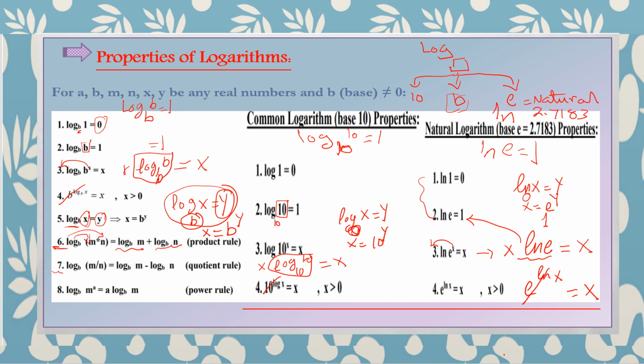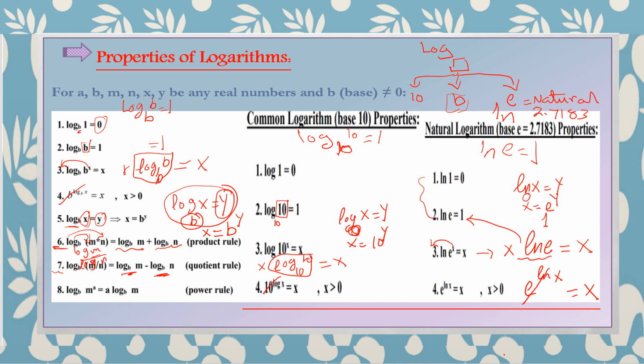Property number 7, the quotient rule. When we have two quantities divided by each other, so we have log of m over n, this means log m minus log n.